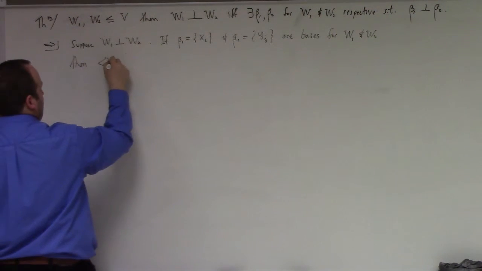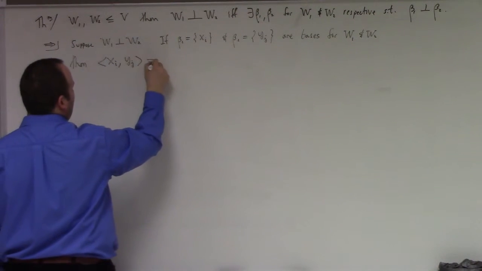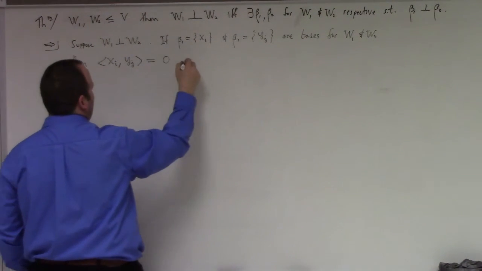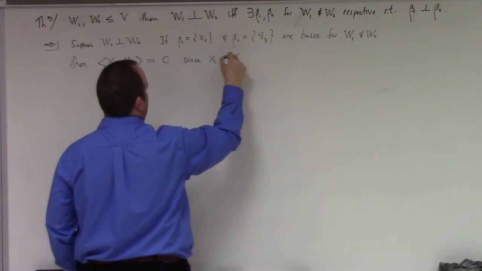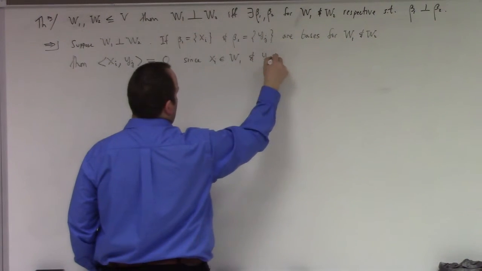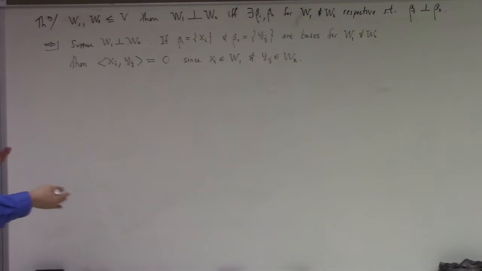Then the inner product of xi with yj is equal to 0, since xi is an element of W1 and yj is an element of W2. I'm sorry, this is too embarrassing to even write down. If they're perpendicular subspaces, that means that every pair of vectors that you take, one from one and one from the other, works out to inner product 0. So, of course, the bases have to be perpendicular. I guess the more interesting direction to the proof is the other implication.